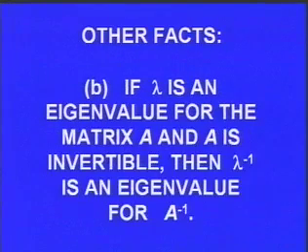All right, also, if lambda is an eigenvalue for the matrix A, and A is invertible, in other words, the determinant of A isn't 0, then lambda to the negative 1 power, in other words, the reciprocal of lambda, is an eigenvalue for A inverse.